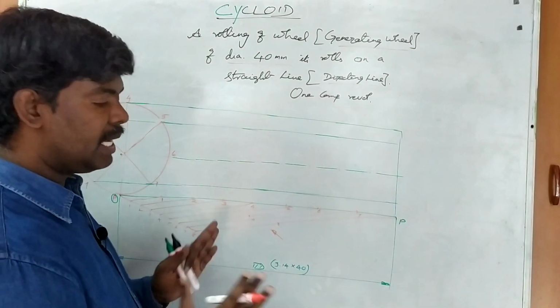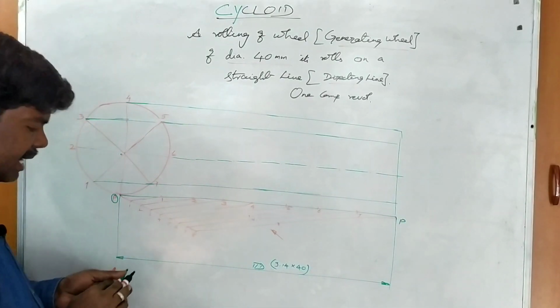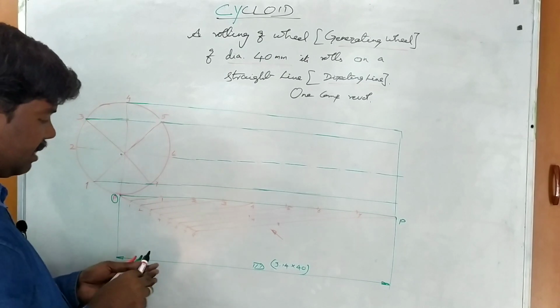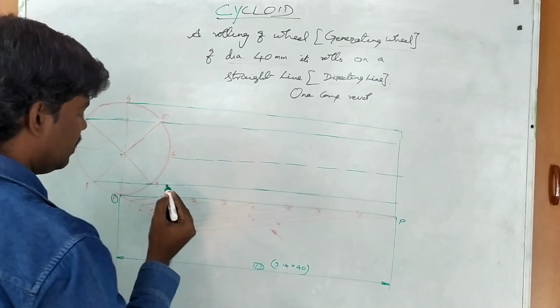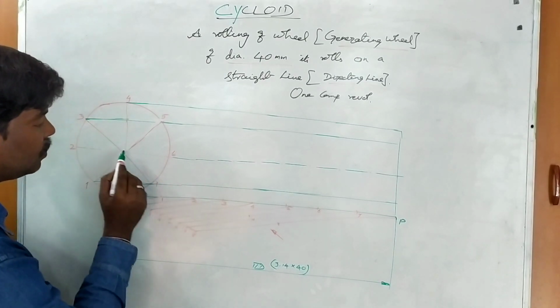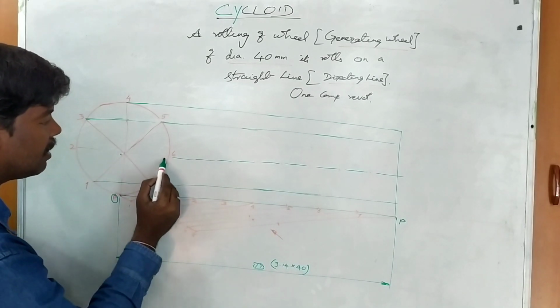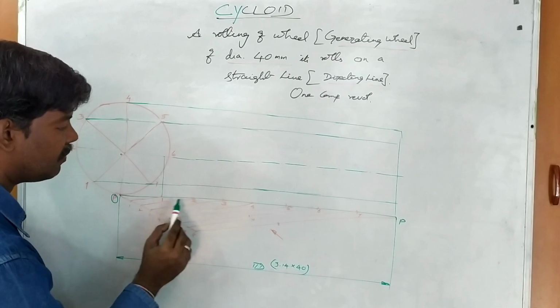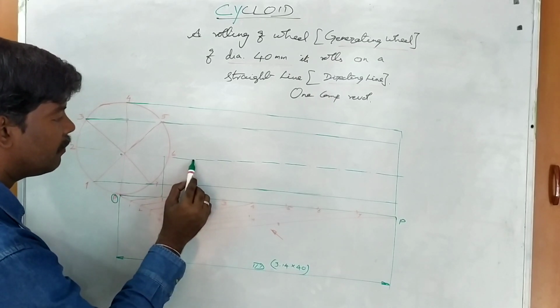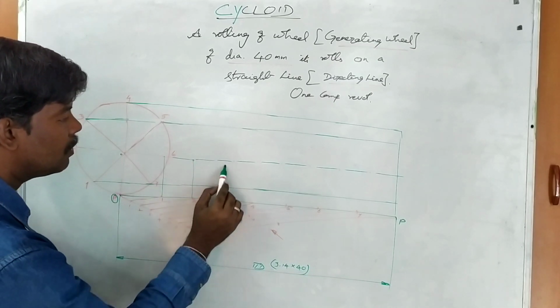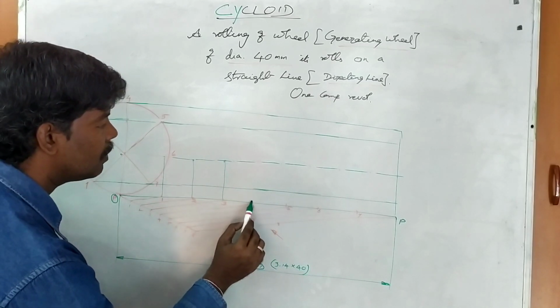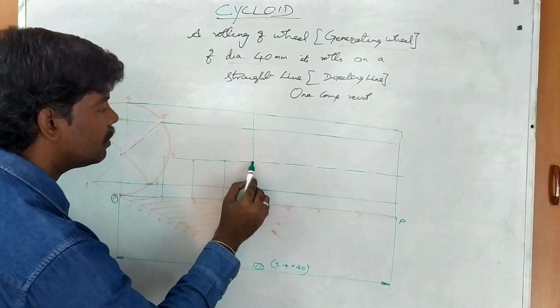Everything is equidistant. Clear? Next, you draw the projection lines from point 1 up to the center. Center O also is there, no? Up to the center. You draw a perpendicular line. So from 1, from 2, from 3, from 4, this one.